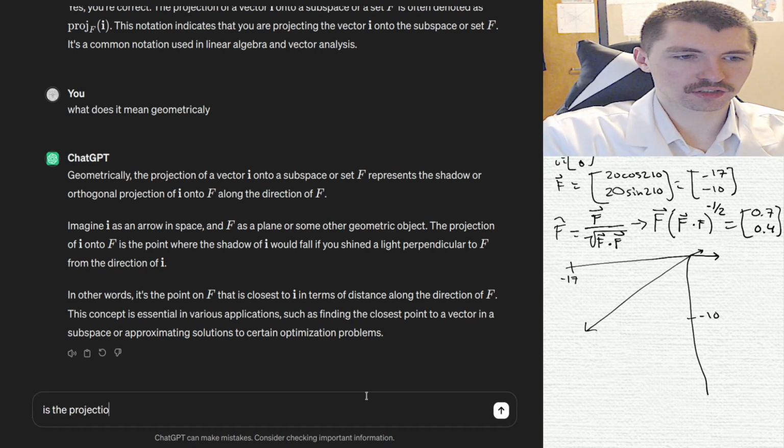Is the projection always in the direction of F?